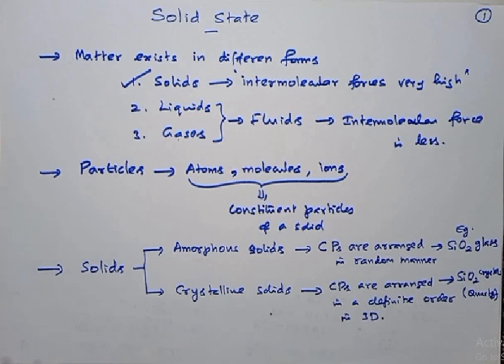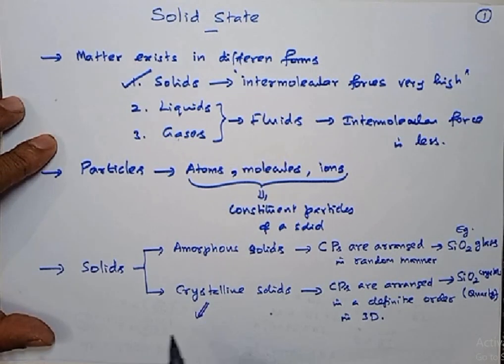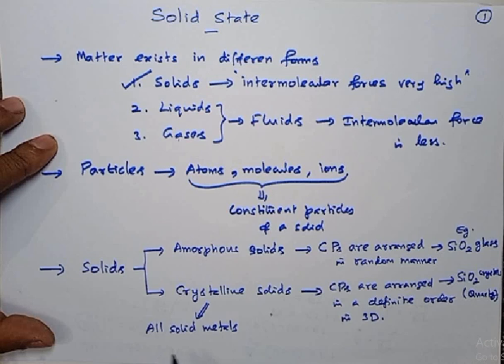Apart from this, you know very well, in the periodic table, most of the elements, apart from liquid and gaseous elements, most of the solid elements have a definite crystal structure. They are all crystals. All solid metals are crystals.